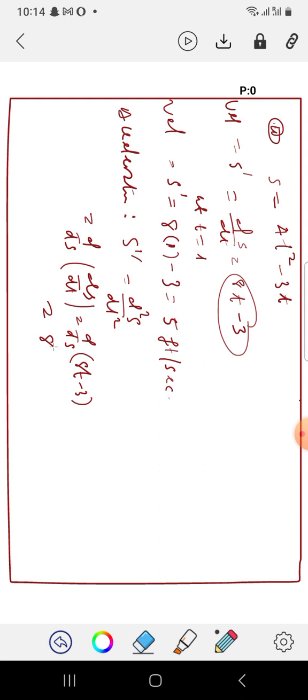So the acceleration is going to be 8. We have nothing to accelerate further because the second derivative has not yielded any variable. The acceleration is going to be constant at 8 feet per second squared. So it's going to be moving at constant acceleration at that point. So there's nothing we need to do about that again.